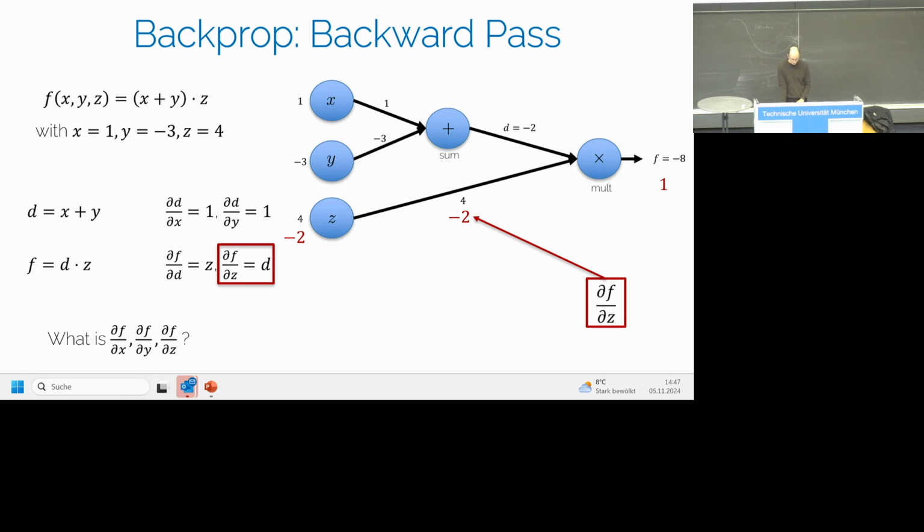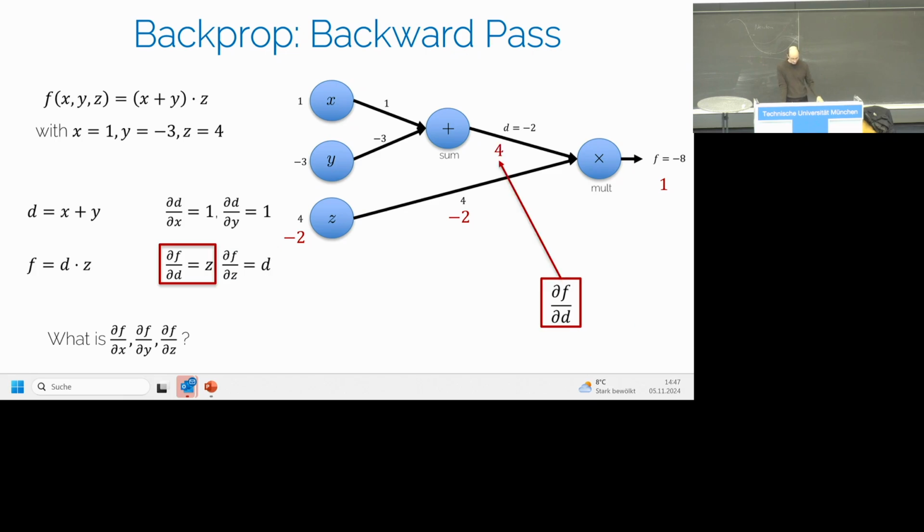And along the same vein we can do df by dd. This is an intermediate value. d is the sum of x and y. We call it d. So as you can see, whenever we have a processing step, we add an additional variable to encode the output, and that is our d. And df by dd is z, because f is d times z. So that gives us the 4, because z is 4.